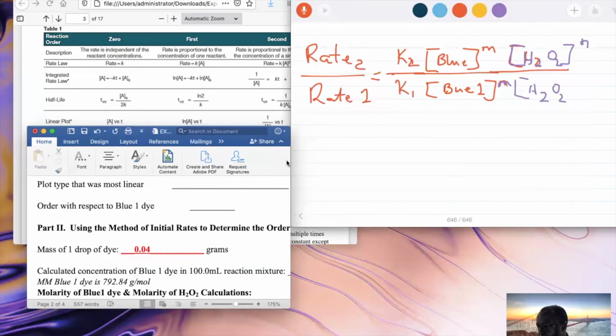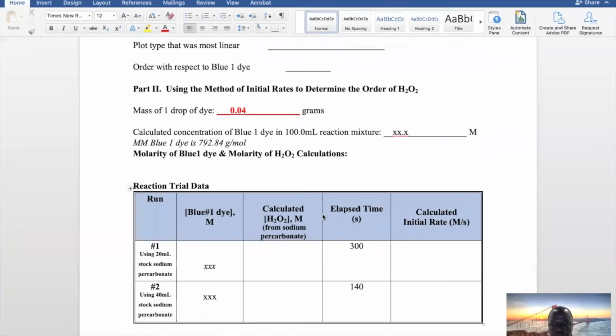Peroxide raised to N. So in the method of initial rates, remember you hold one reagent constant. Cancel that if you're looking for the other. In this case, this will cancel out. This will cancel out. This will cancel out. We will remain with peroxide. So in other words, since you know the rate, when you do that calculation, whatever you get here divided by 140, you'll have rate 2. Whatever you get here, which is the same as this, divided by 300, you'll have rate 1.